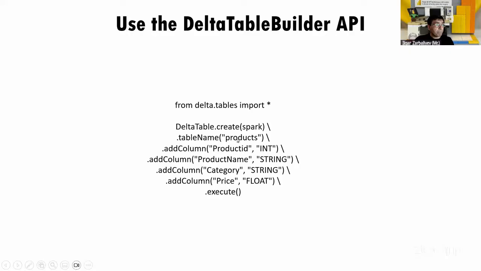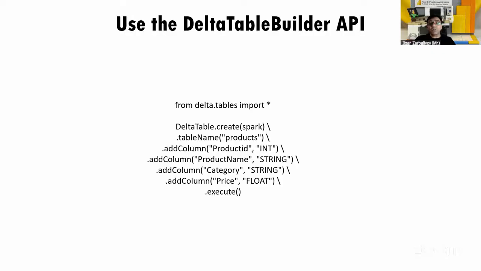Table name to name the table, and then add column for each column. Product ID, product name, category, and price. Finally, execute commits the definition.